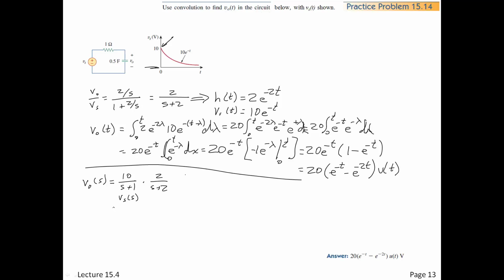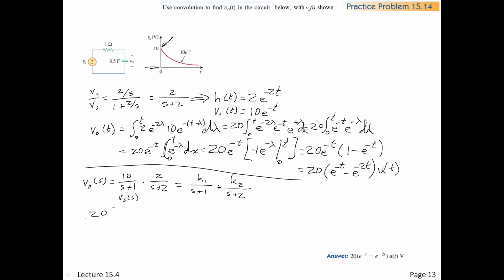We know we can do fractional expansion and get this to be k1 over s plus 1 plus k2 over s plus 2. Sometimes it's nice on these simple problems to do them a couple of ways, so I'm going to take a few moments and do that here.